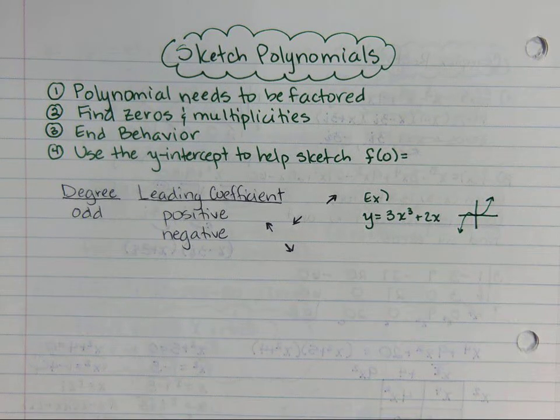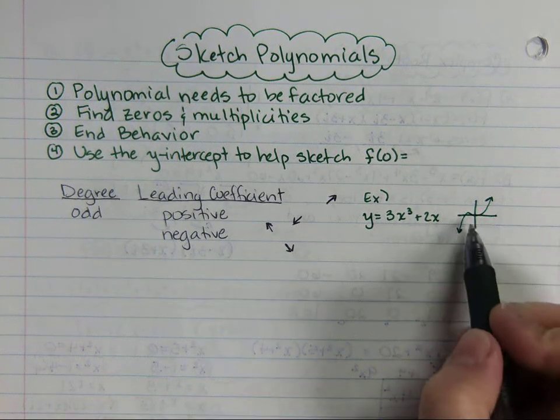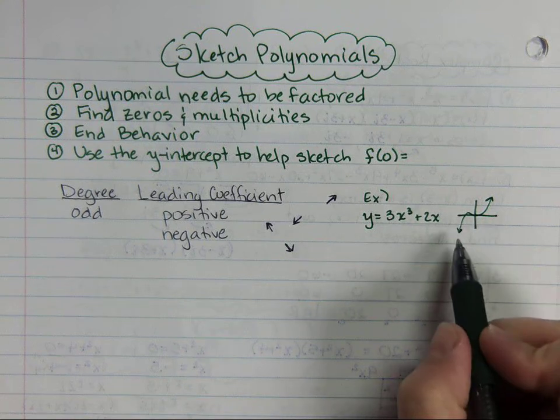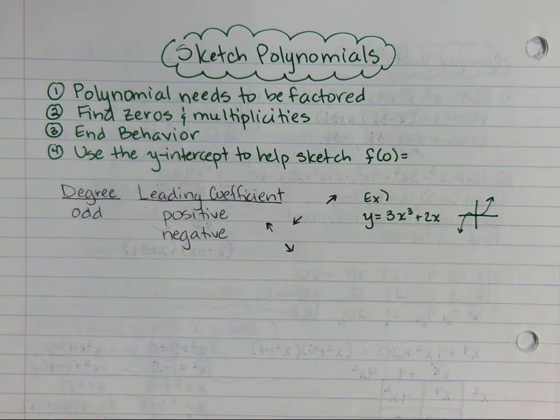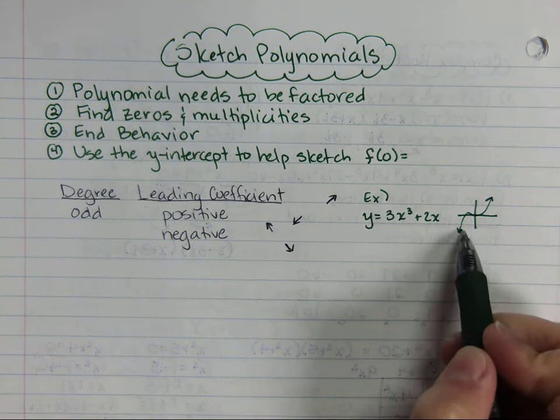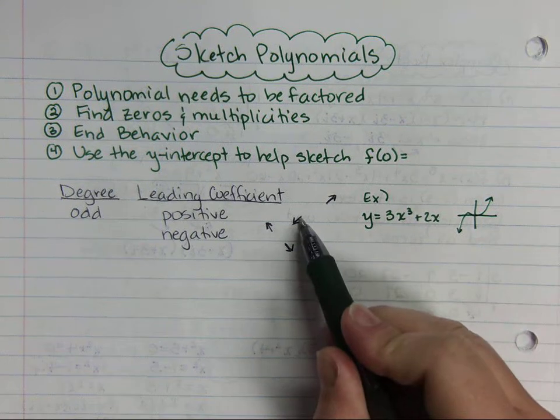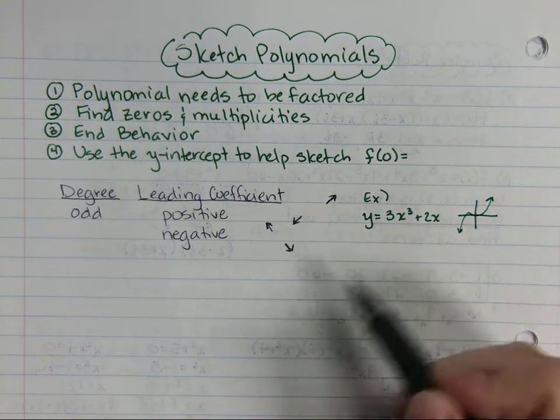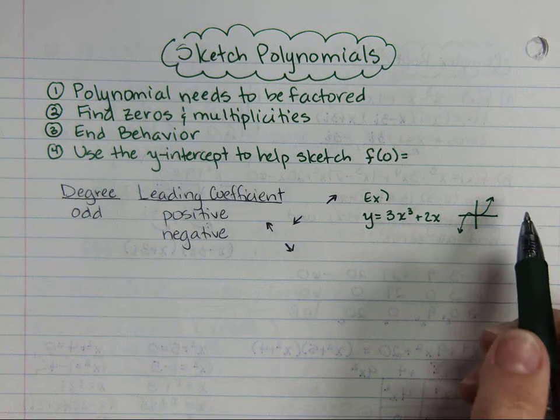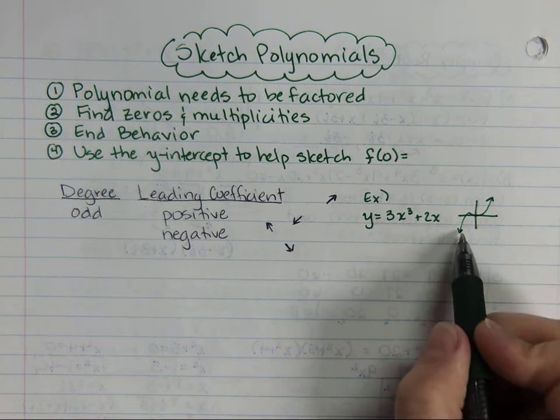I don't know 100% exactly what's happening here in the middle, but I do know that the ends look like that. So on the left, the arrow is going down, and on the right, it's moving up. So they are moving in opposite directions from lower to higher.